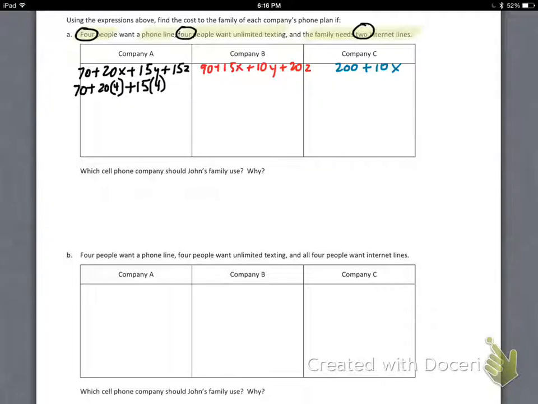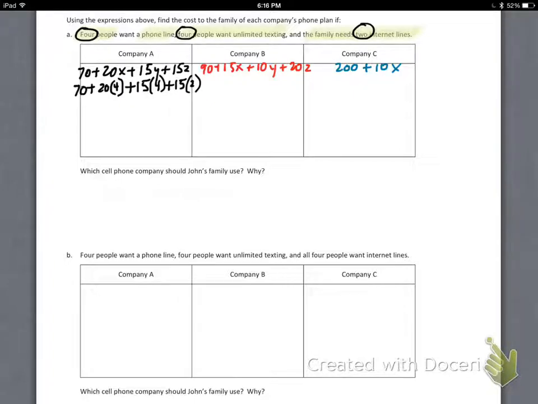And then we need 2 internet lines, so that's going to be plus 15 times 2. And you notice when I'm substituting the variable with a number, I'm putting that number in parentheses, which just denotes the fact that I am going to be multiplying. It also keeps the terms separate.